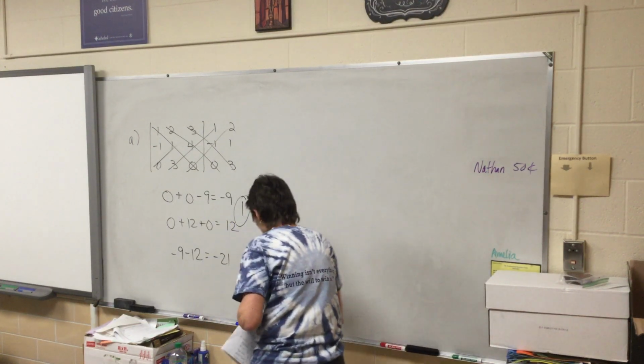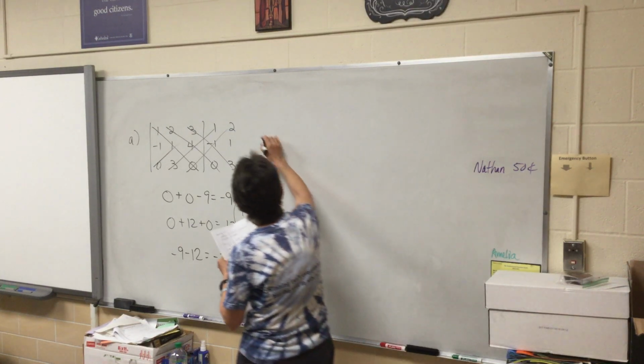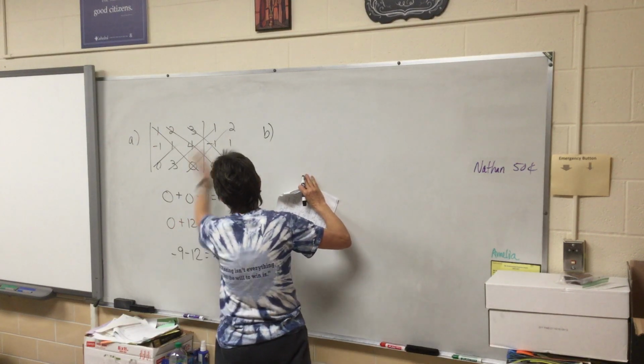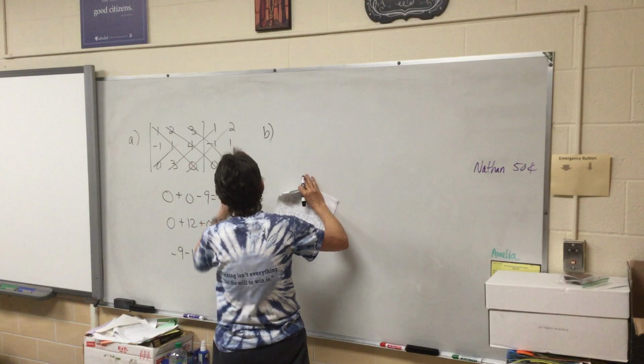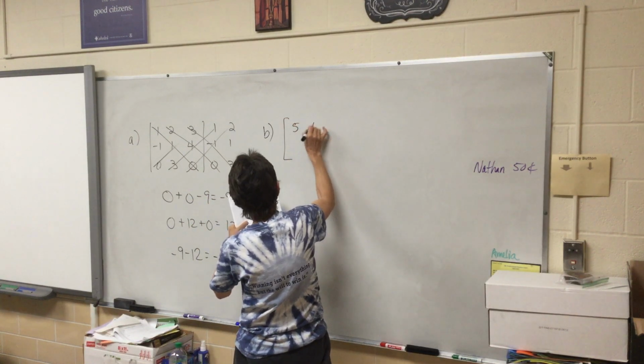Super simple process. Review it so you remember which order to go in. You do these minus these. Downs minus ups.